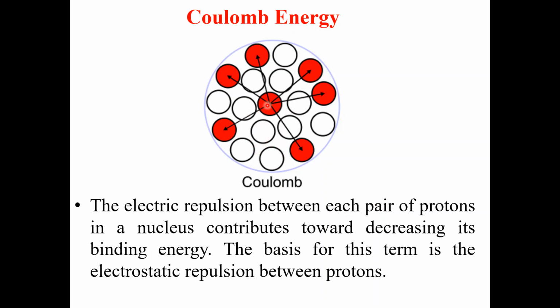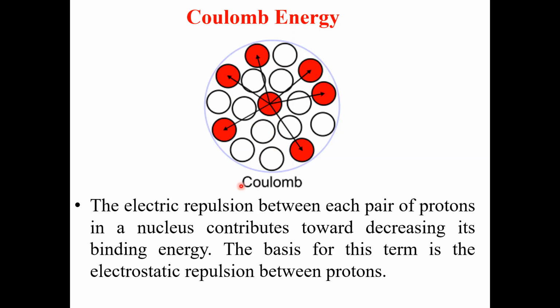In red color, these balls represent the nucleons, that is protons, and these protons have the positive charge. The positive charge means that they have the same charge, so they repel each other. Because of that fact, we say that it contributes towards decreasing its binding energy.